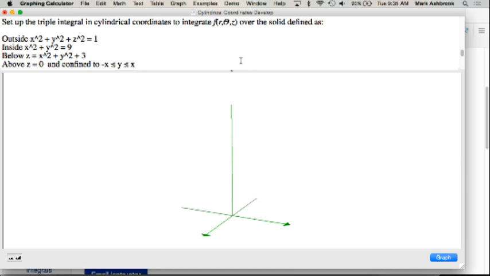And confined to negative x is less than or equal to y is less than or equal to x. So we're going to need some time to work on this. Again, the artistry doesn't have to be perfect, but it does have to be good enough that you have the right mental image of this solid.